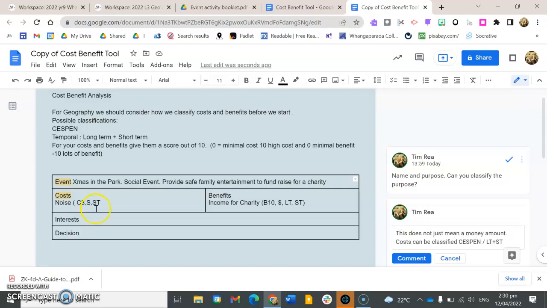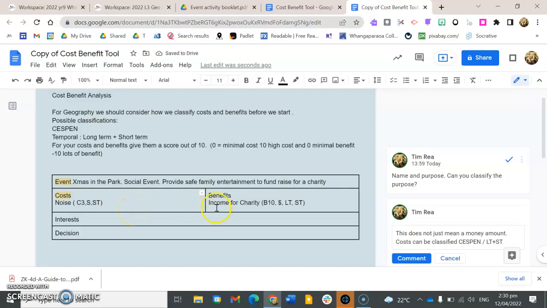That is a short-term cost. It only happens on that night. It only happens between the time of whatever, 6 o'clock and 10:10. If you're looking for your excellences, that's a kind of level of detail you might chuck in there. I can't remember the times off the top of my head. All right, and all I've done there is I've chucked in that categorization.